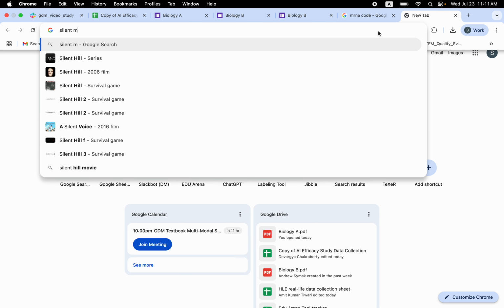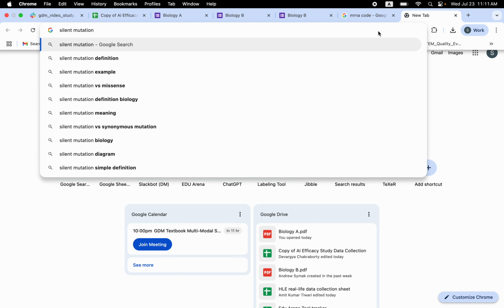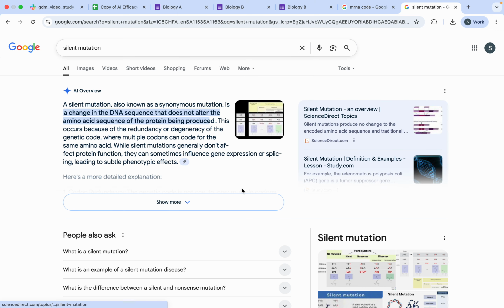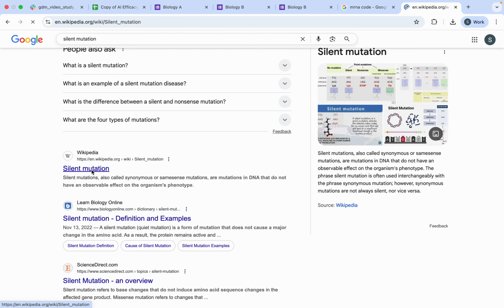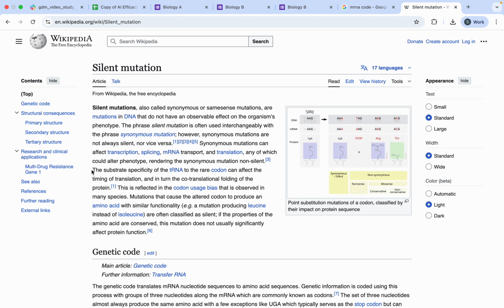silent mutation. It is also called same-sense mutation, and these are mutations in DNA that do not have an observable effect on the organism's phenotype.